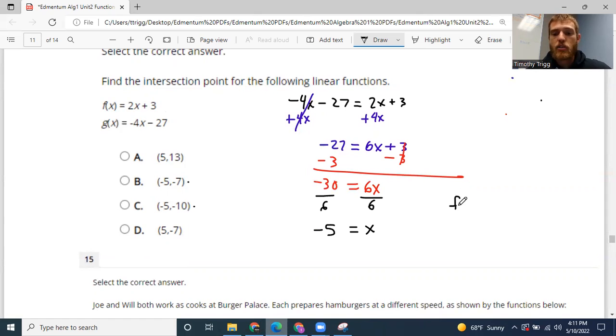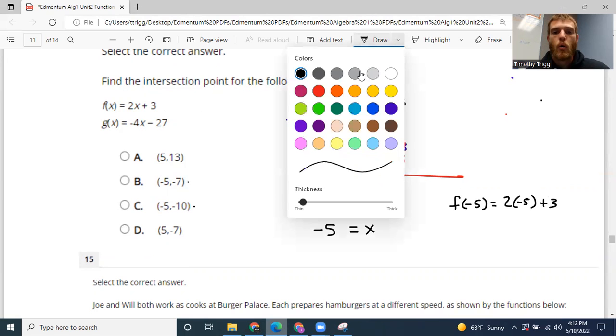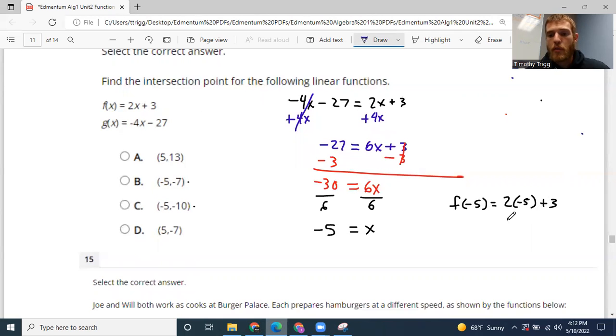So I'm going to replace x with this input of negative 5, and I would like to find the resulting output, in other words, the y value. Okay. So that would be 2 times negative 5, that's negative 10, plus 3 is negative 7. There we go.